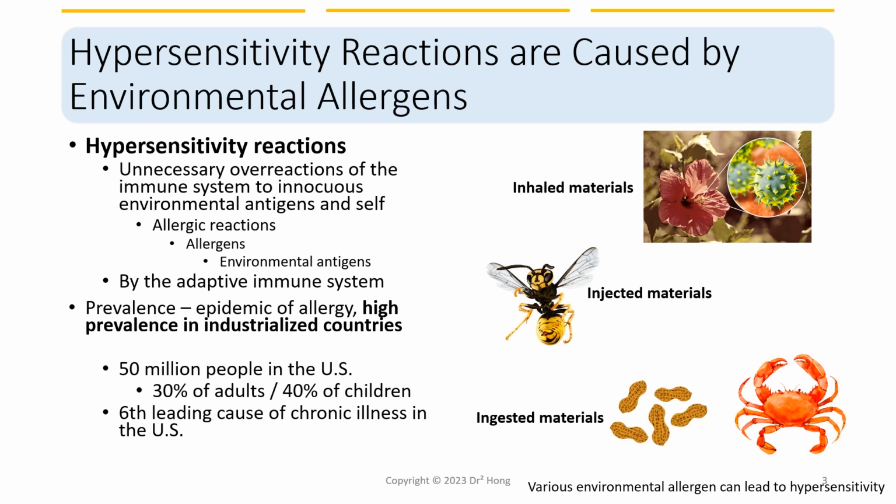It is possible that the prevalence is underreported because many people may never register on a pharmacist's or physician's radar, and because mild cases are often treated with over-the-counter medications. However, an increasing number of people in the US and other industrialized countries have hypersensitivities, and it is believed to be the 6th leading cause of chronic illness in the US.